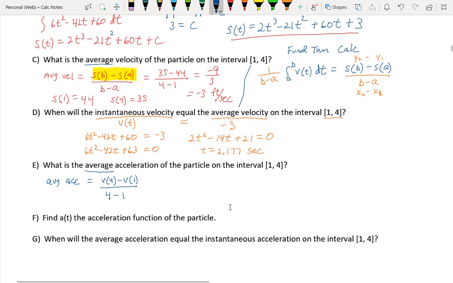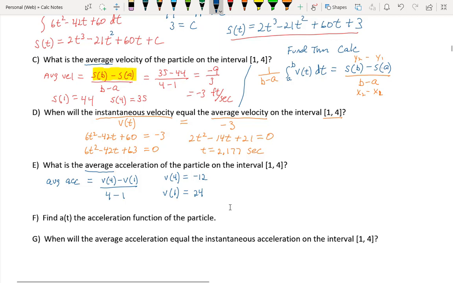So I need to do v of 4. Now don't use the v prime, you've got to go way back to the v that we started with. So we've got to go back up to the top. If you plug in 4, you're going to end up with negative 12. If you plug in 1 to v, you get 24.